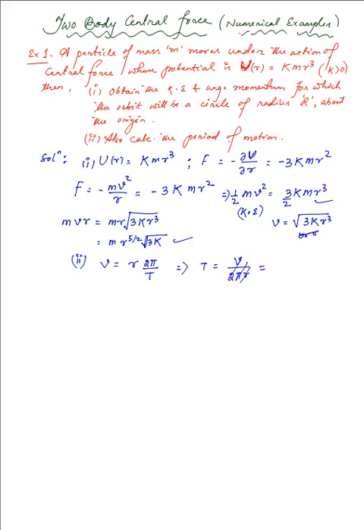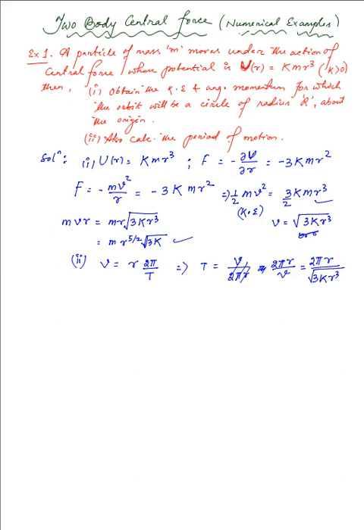It's not actually v over 2 pi r, it's 2 pi r over v, and as we have obtained the expression for v, 2 pi r over v gives us 3kr cube under root.